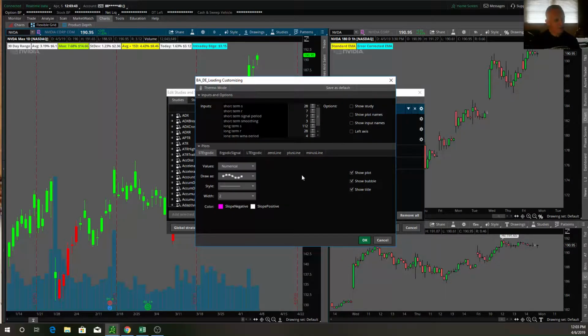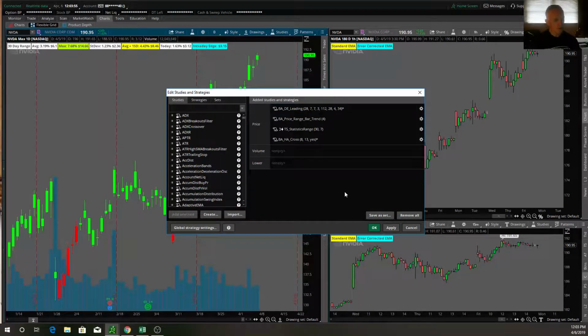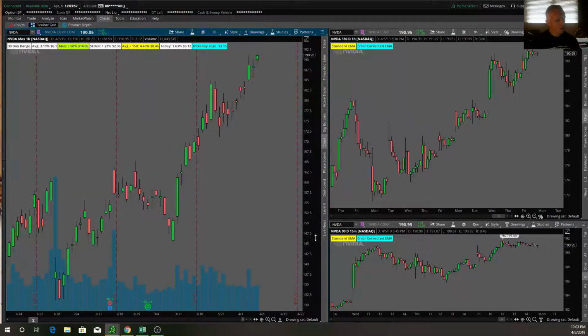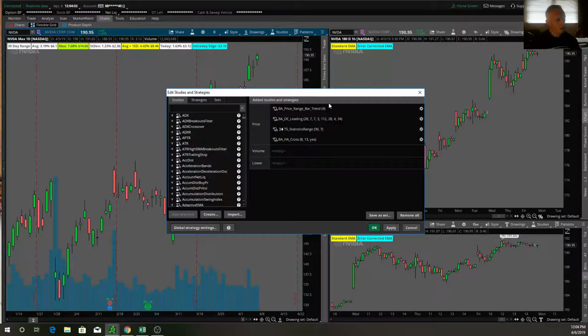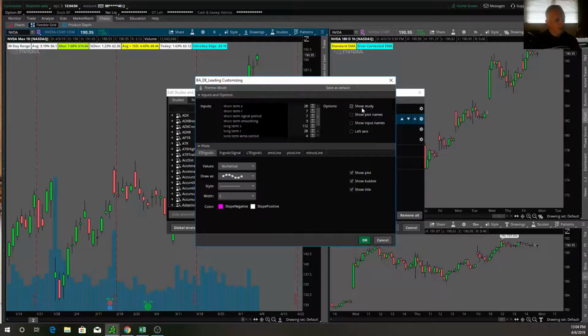What I did do though is I changed all of these. I like seeing these connected symbols, lines. Makes it easier for me to see. So this is what, oh, I do need to show study though.